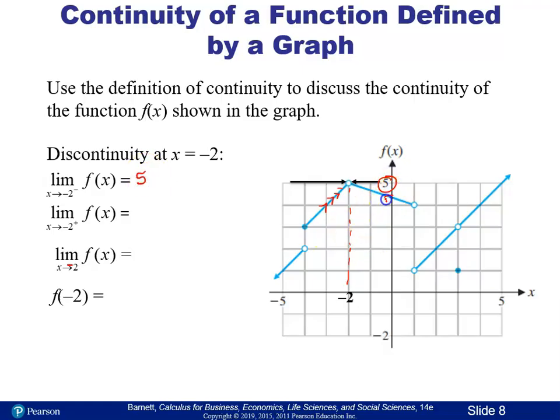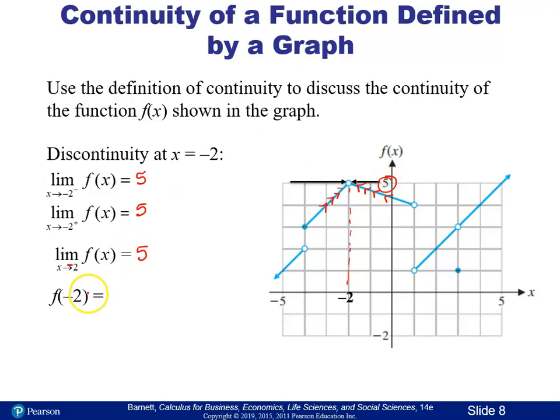If I approach from the right, the y value I'm getting closer to is 5. So the overall limit is 5. Again, if you take your fingers and follow this, are you bringing your fingers together to a particular point? If you are, that means the limit exists. So that limit exists at 5.